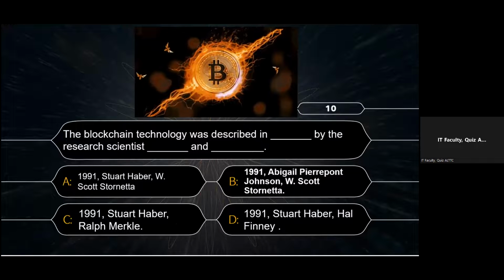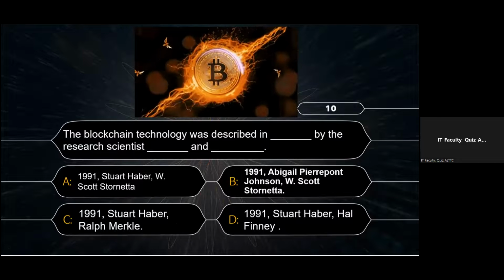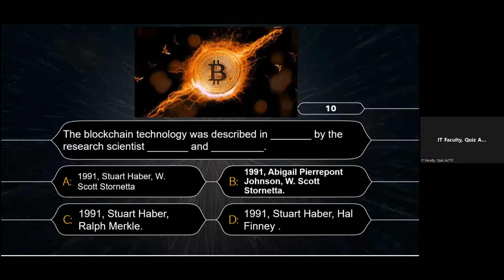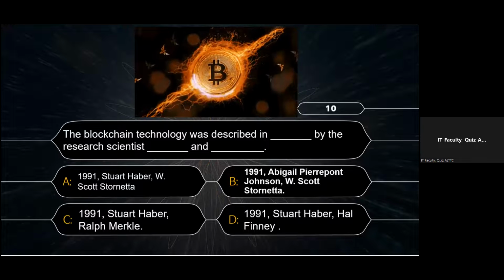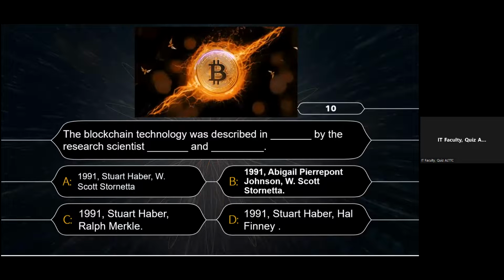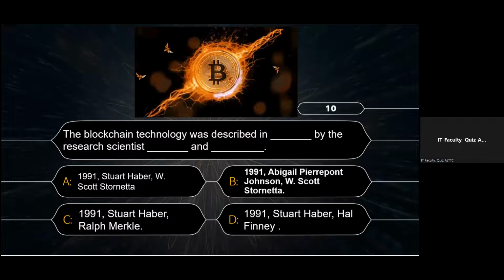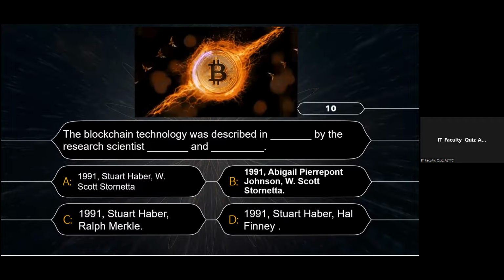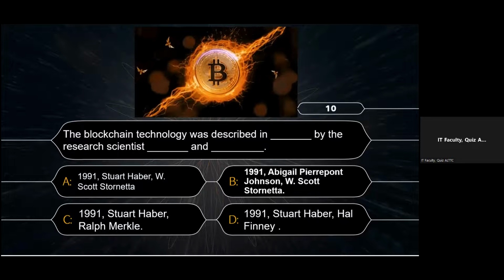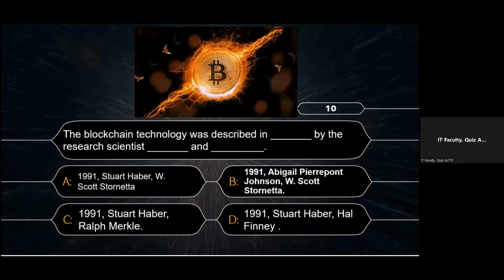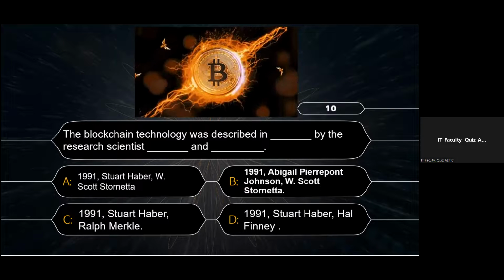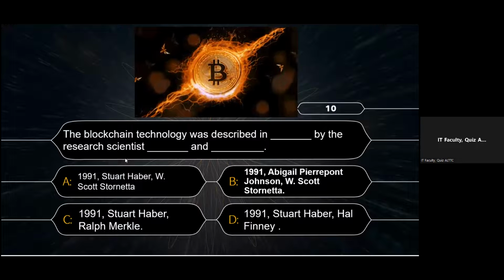So the options are A 1991, Stuart Haber, W. Scott Stornetta, or is it B 1991, Byron Johnson, W. Scott Stornetta, or is it C 1991, Stuart Haber, Ralph Merkle, or is it D 1991, Stuart Haber, Hal Finney? So as I can see, many people have already started giving the answer.